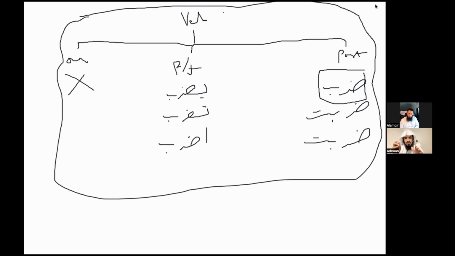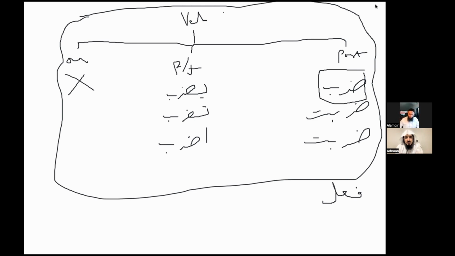You've got a root word, and then you've got a certain wazn or weight which the words go on. So for example, this now is a little bit of sarf. Daraba: when measuring a wazn, the default is we always use the word fa'ala and yaf'alu.